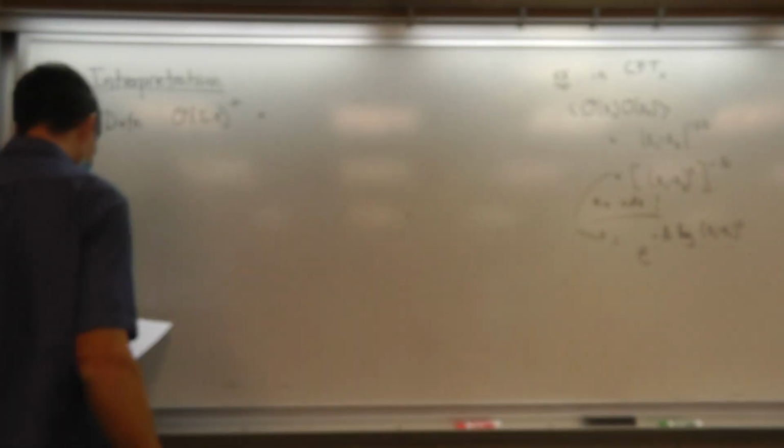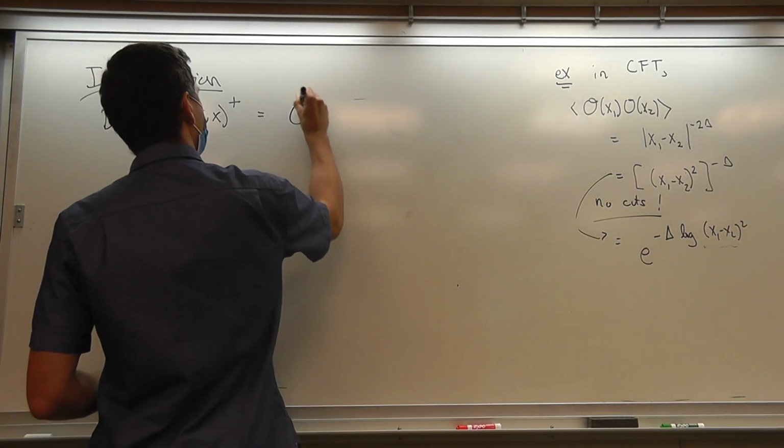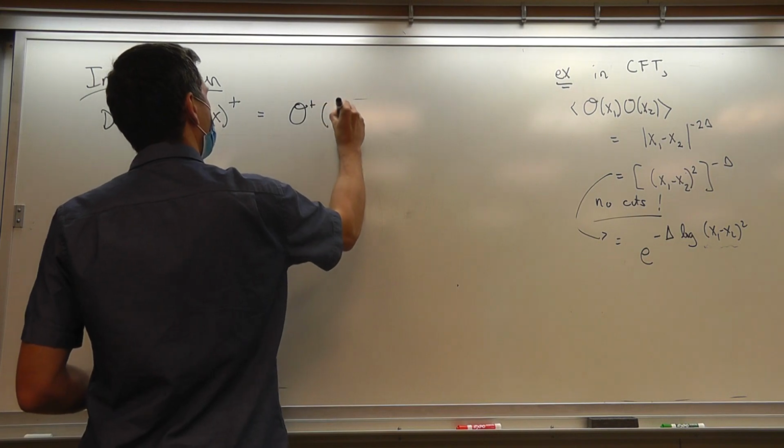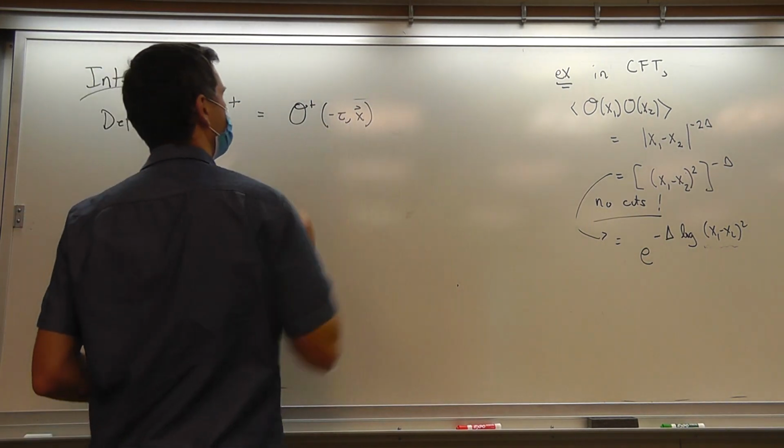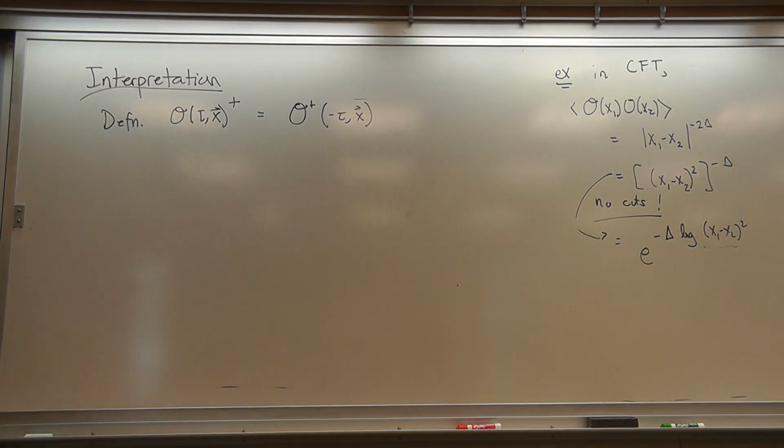To make that precise, let me define O of tau, x vector, dagger to be O dagger of minus tau, x vector. That's a definition. We're going to see why that's a good definition in a second.